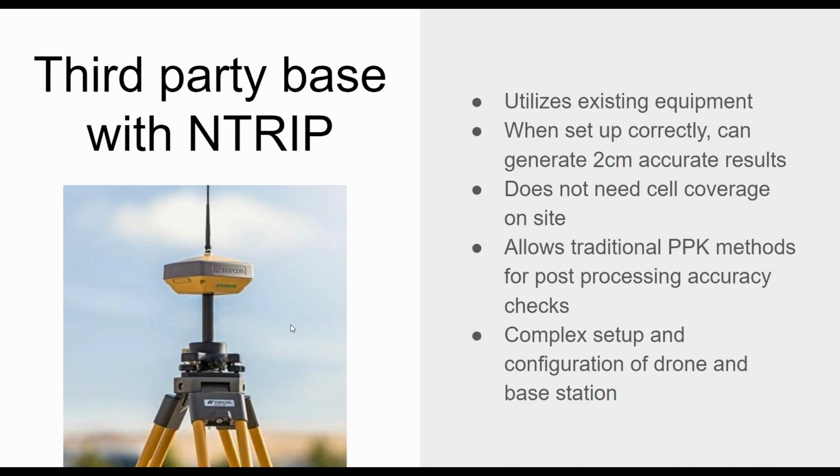So while this method can yield incredibly accurate results with existing equipment in a fairly reliable method, the setup is incredibly long and can be highly technically frustrating. And if you don't do everything completely right on your setup, you can actually end up in quite a few revisits and reflies of the same area of interest.